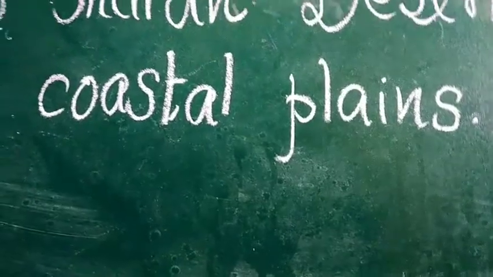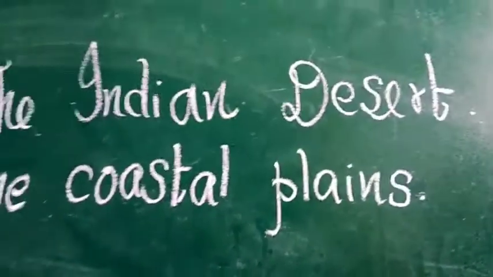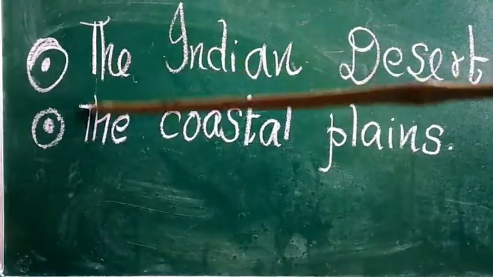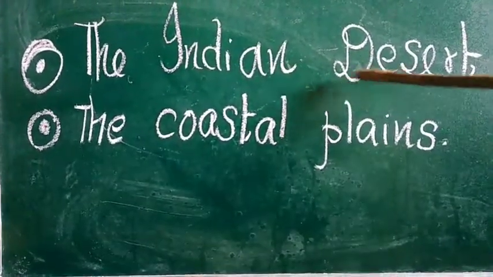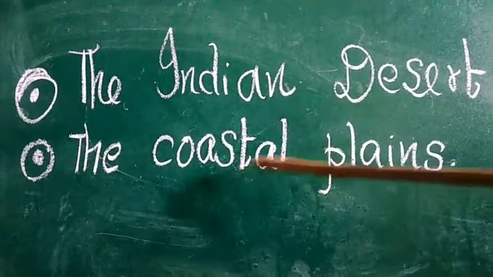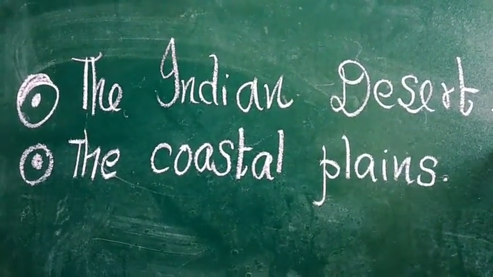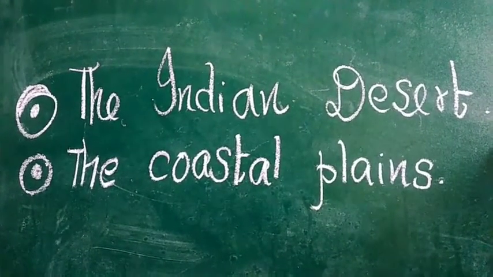I am repeating the homework of today. You have to read only these two topics, the Indian desert and the coastal plains, and find out five short answer type questions. Everybody, is it clear?